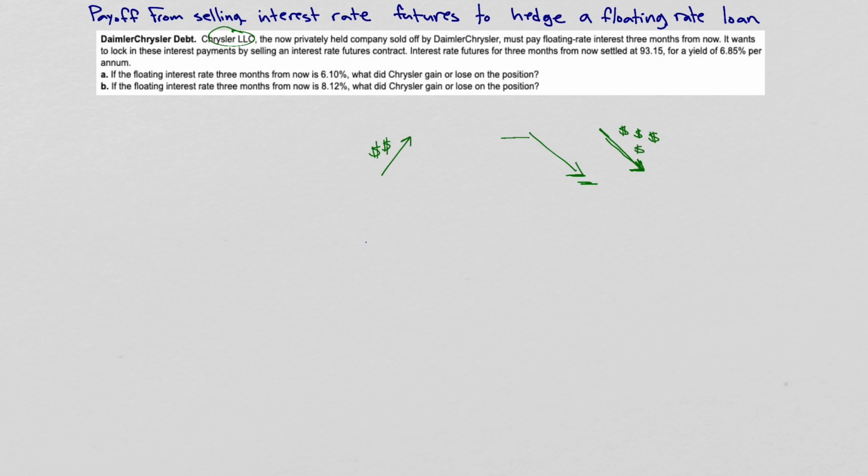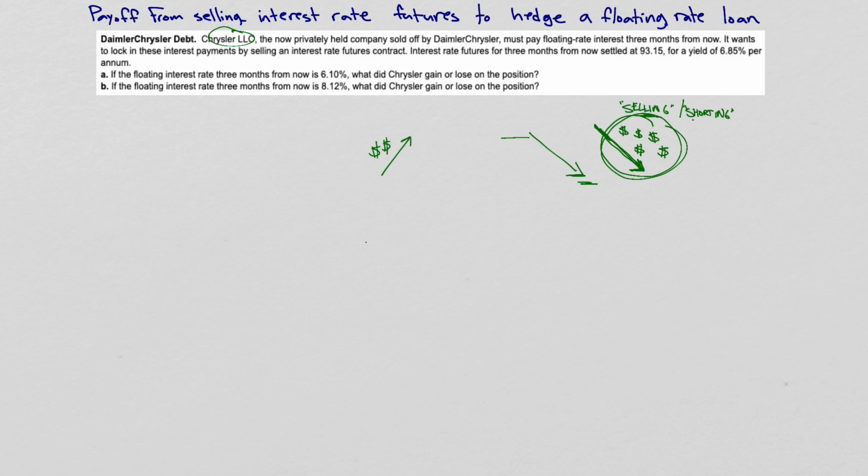if interest rates go up, then this short futures position that they sold is going to profit. And they're going to take that profit from selling or shorting. We're using these two words interchangeably when it comes to trading futures contracts. You'll find that I'm selling the yen or I'm shorting the yen.